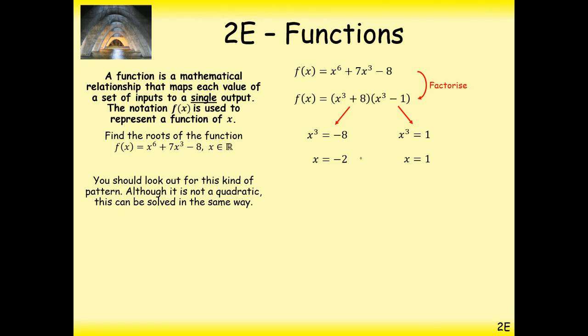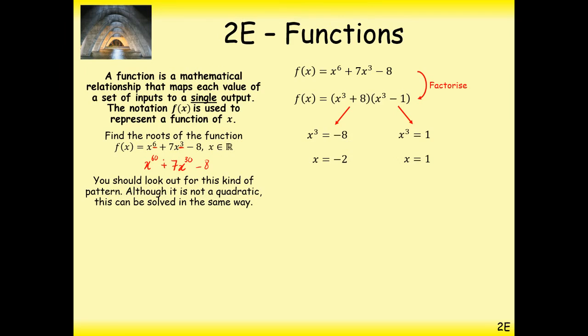Alright, so the takeaway from this question was that every time you see the powers of x in this ratio of 2 to 1, where 6 is twice as big as this 3, no matter what these were, the ratio is important. So even if I had x to the power of, say, 60, and I had x to the power of 30, I would have used the same sort of logic here.